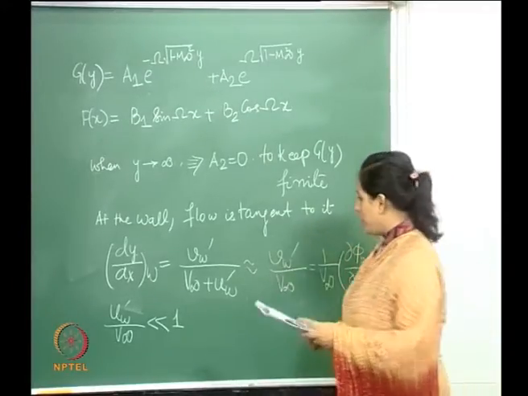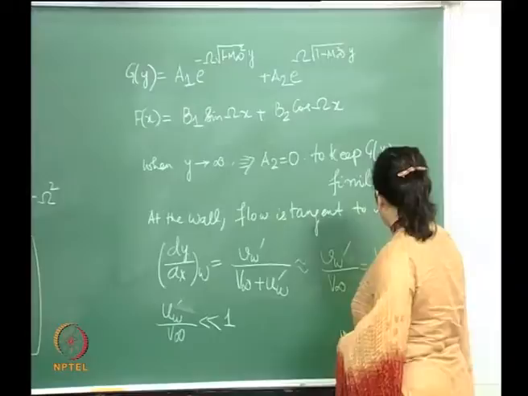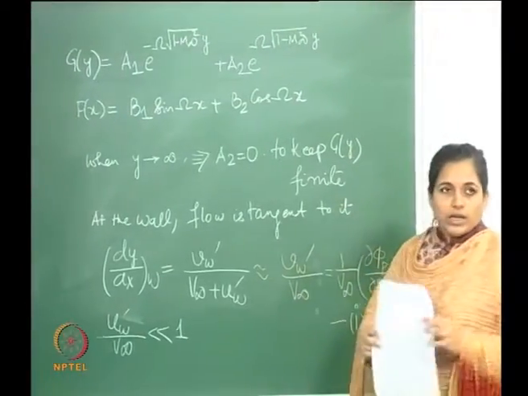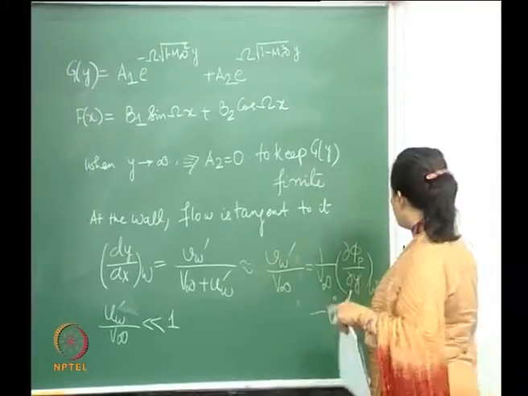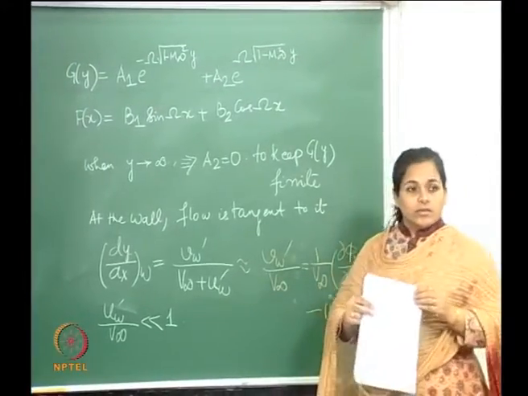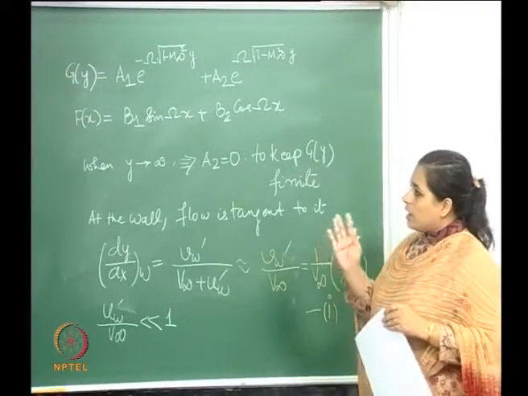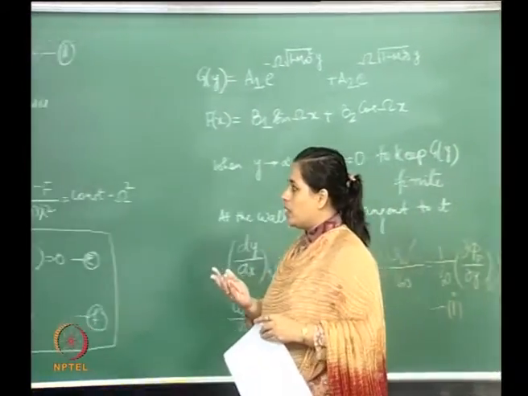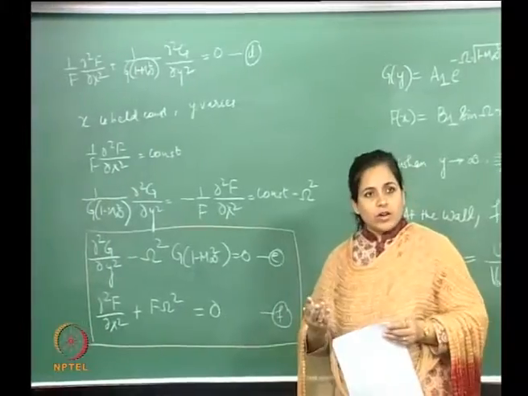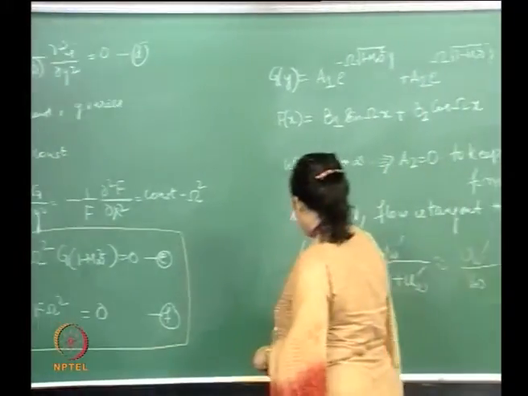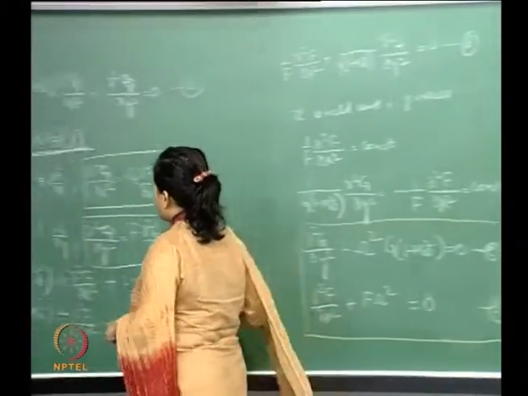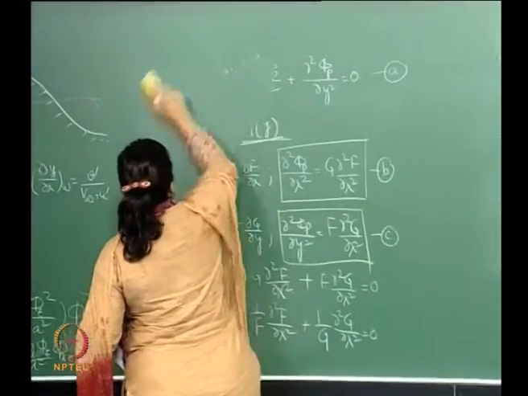Let us call this expression 1. So, this is from the velocity consideration. Now, the contour of the wall by geometry in terms of x and y is also given to us. Since that is given to us, we can also do this.